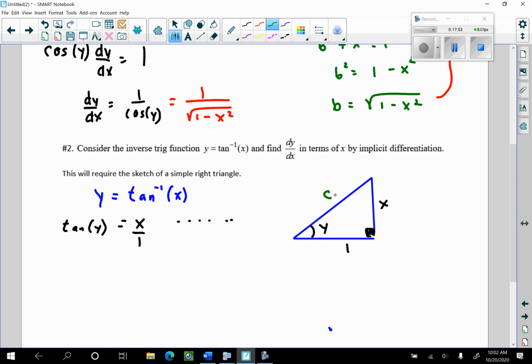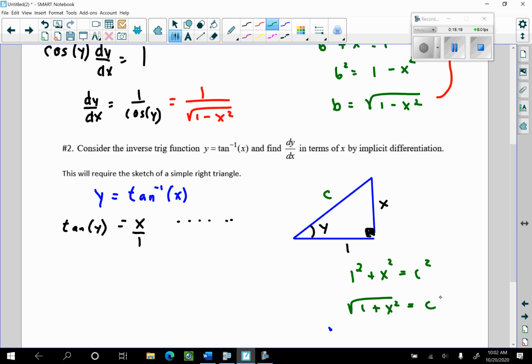I'm just going to follow the convention given in geometry and let the hypotenuse be c. And now I know by the Pythagorean theorem that 1 squared plus x squared is equal to c squared. And since we're talking about lengths of triangles, c is equal to the square root of 1 plus x squared.